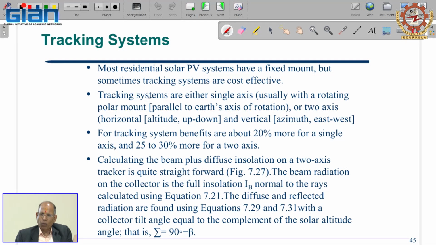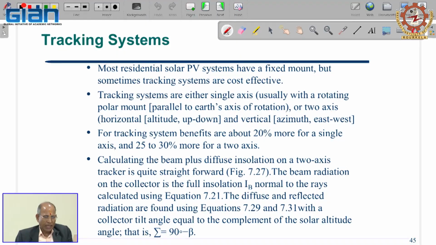Then you will obviously ask how much more energy I will get. They will say 50%, right? So you will know how much is the truth. Basically, how much additional can you get? It says 20% from the single axis and 25 to 30% from the two axis.